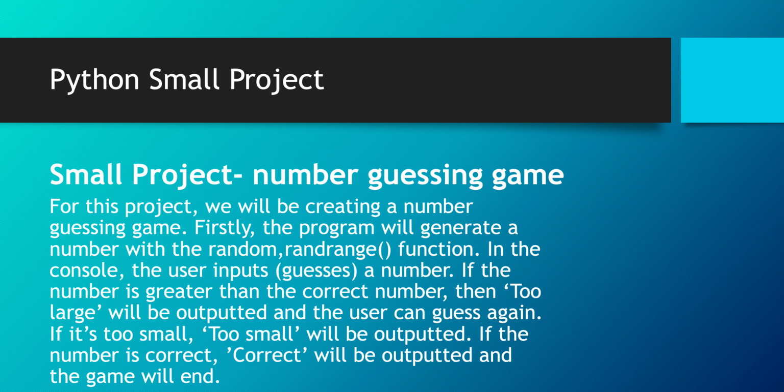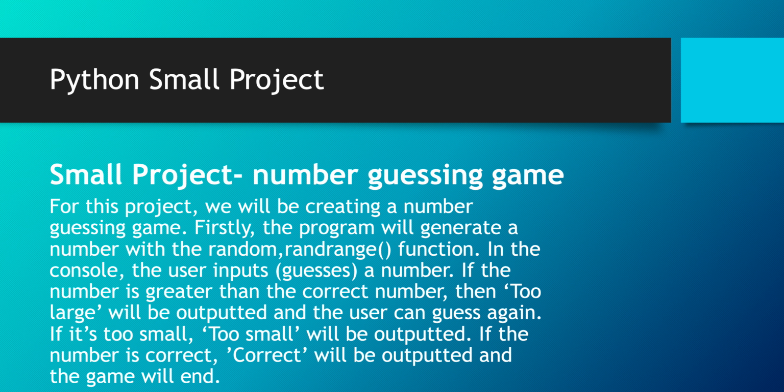So now let's move on to our project. For this project, we will be creating a number guessing game. First, the program will generate a number with the random.randrange function. This function generates a random integer between two integers.